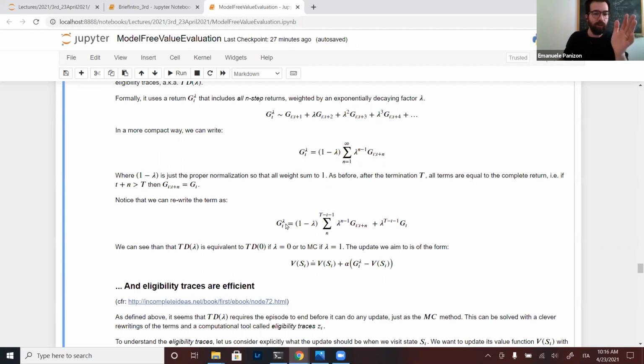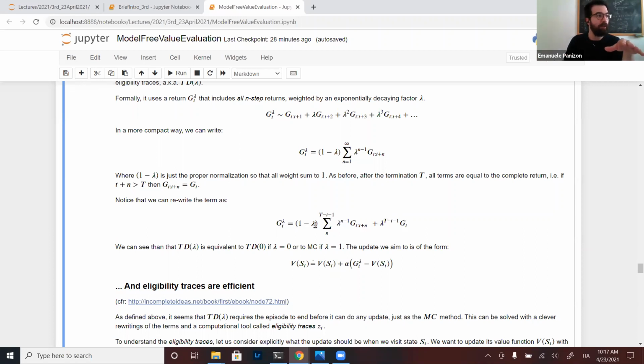You can split this infinite sum into the sum up to termination, which is the first sum, in which you mix experienced reward and value function at some point. So it's a mix of experience and expected values, and a last term, which is just the complete return.